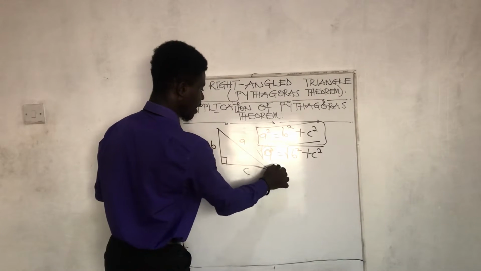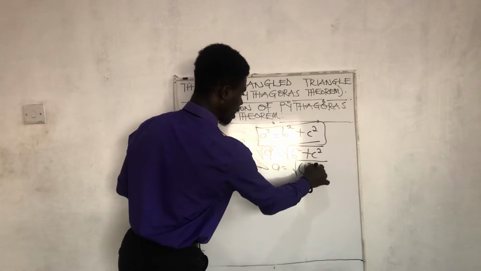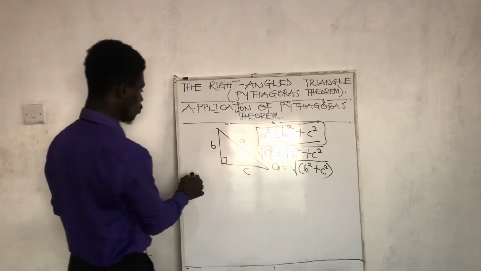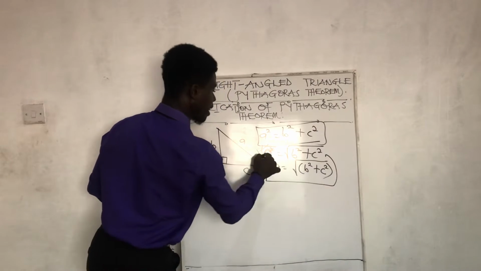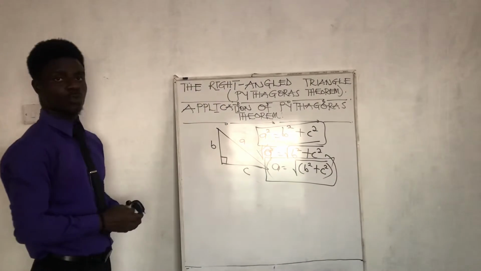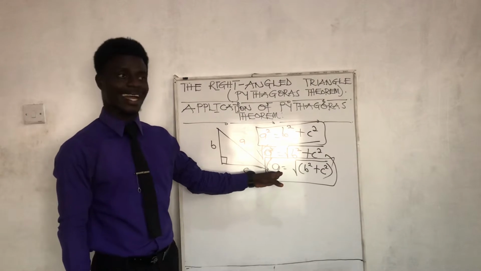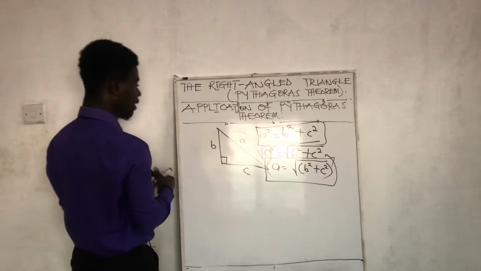So I'll get A equals the square root of B squared plus C squared. So we've made A stand on its own.